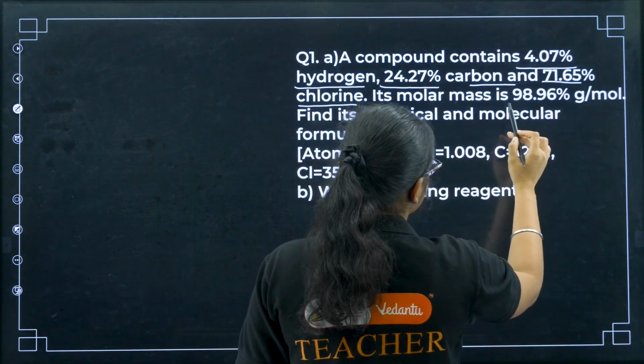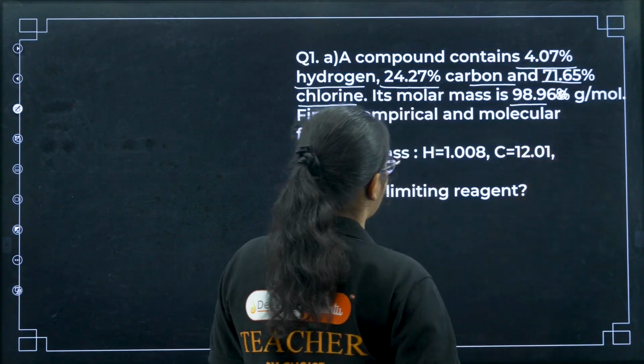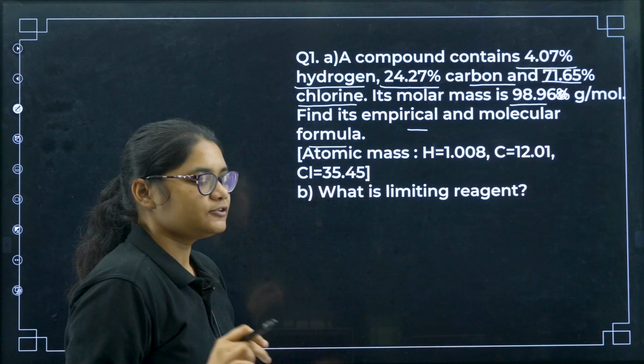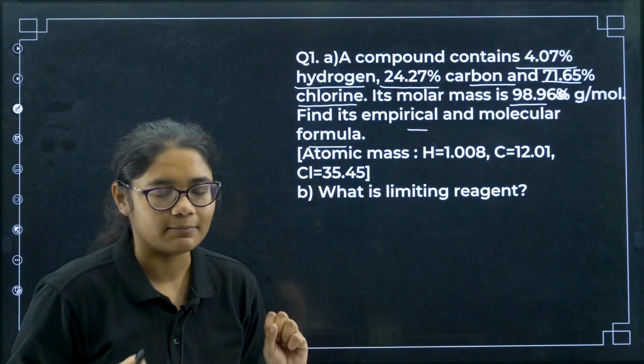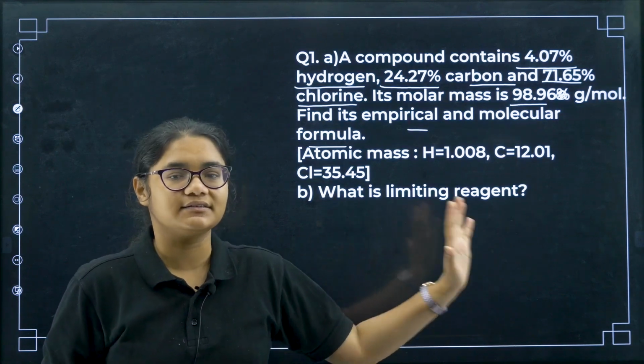Its molar mass is 98.96 gram per mole. Find its empirical formula and molecular formula. Every exam you will have one question on molecular formula and empirical formula from the first chapter, so definitely you should not miss this question.